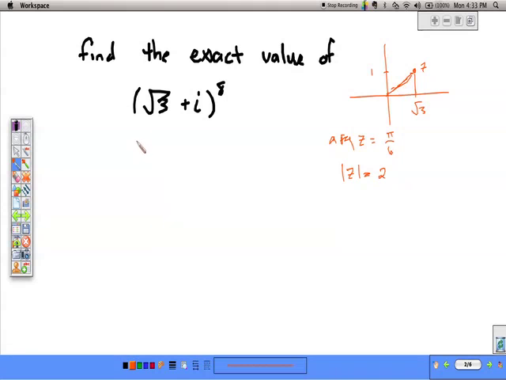So this power becomes 2 CIS pi over 6 to the 8th.